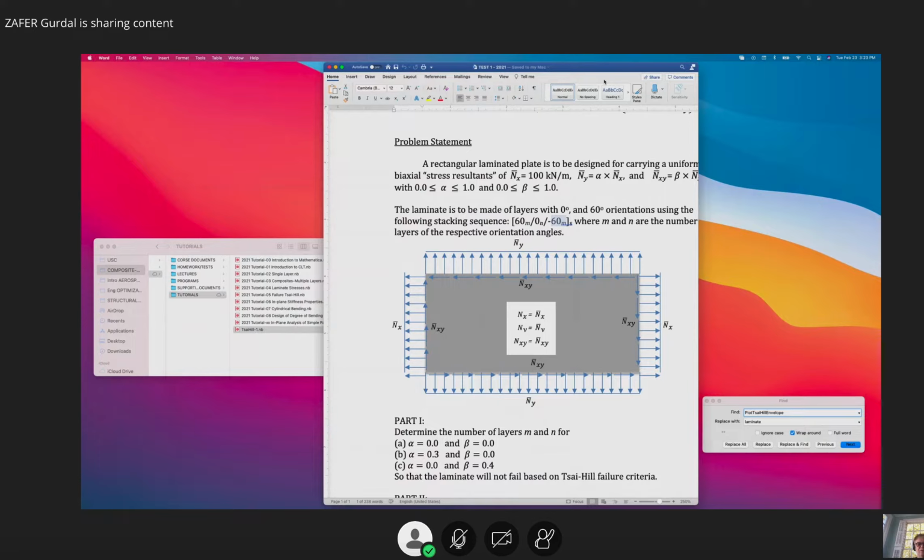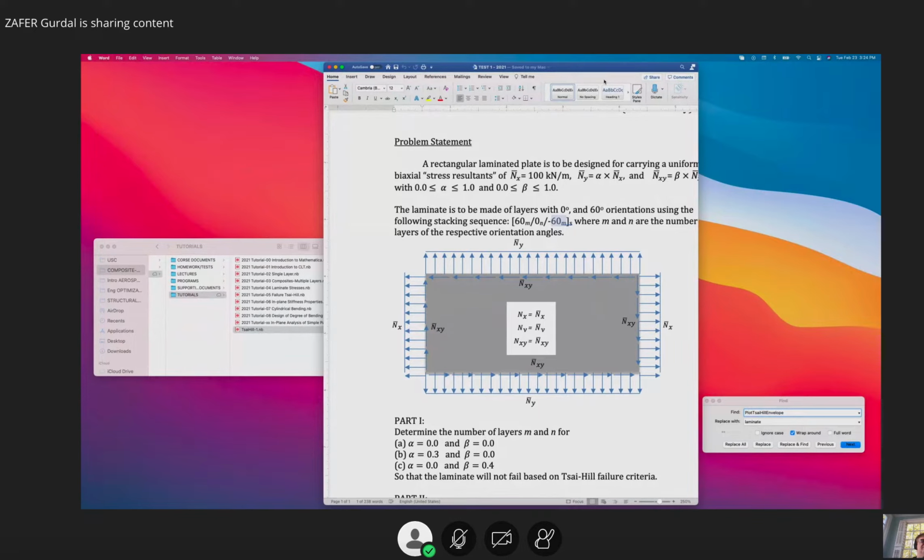You can also compute an effective in-plane stiffness for the laminate, EX, EY, GXY, nu XY, and depending on the requirements of the laminate, you can make a polar plot of those quantities in the circumferential direction.